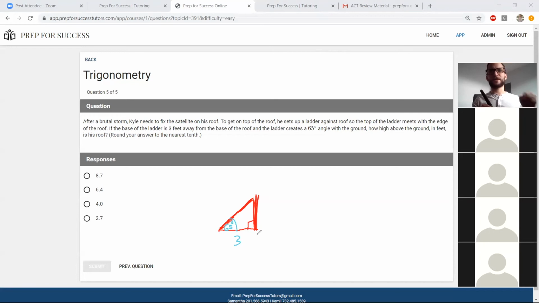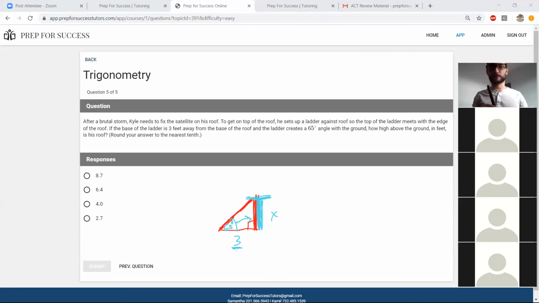Okay. And what do they want to know? How high above the ground is the roof? Oh, so they want to know this, because they want to know how high is the roof. So we have 3, and we have 65 degrees, right? So what's next to 65? Adjacent, which is 3, right? So 3 is adjacent, and then we want to solve for opposite.